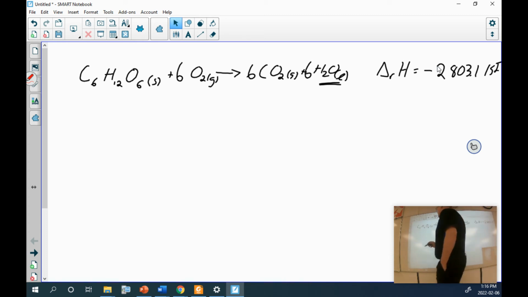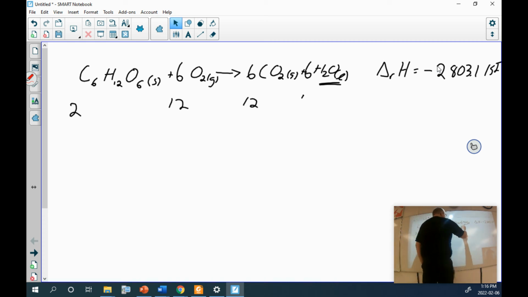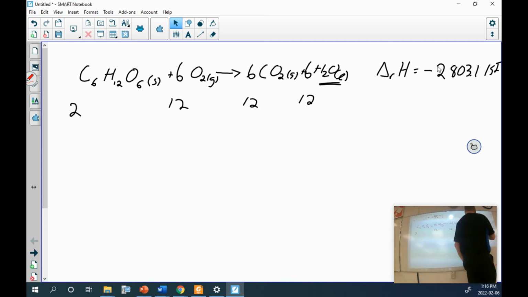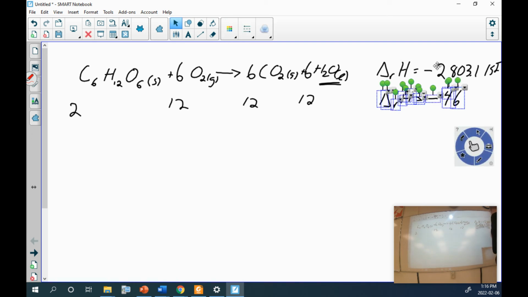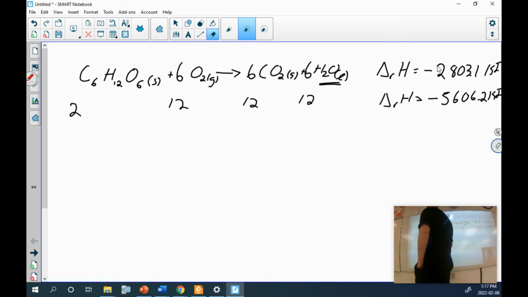If I had balanced this with a 2, 12, 12, 12, being lazy, my delta RH notation would be negative 5,606.2 kilojoules. So the delta RH notation requires you to make sure you're balancing it right.